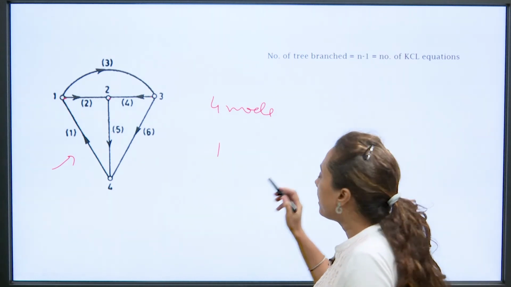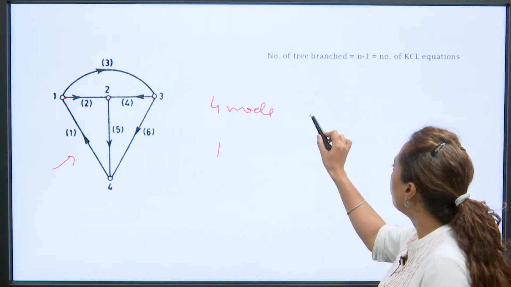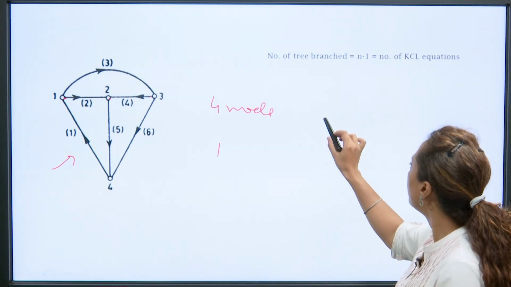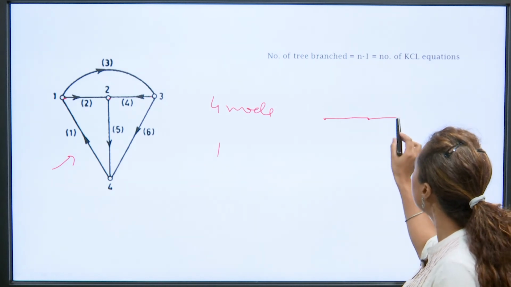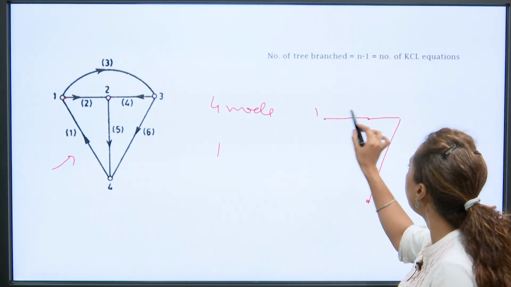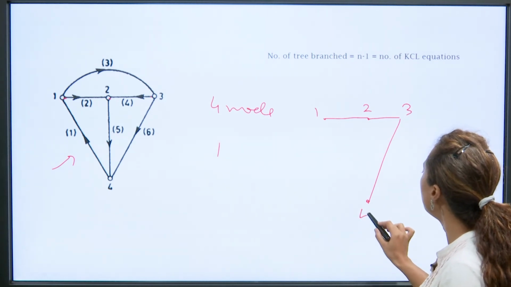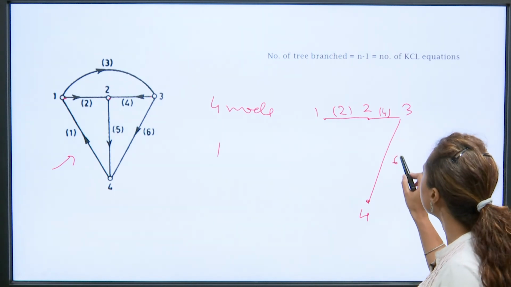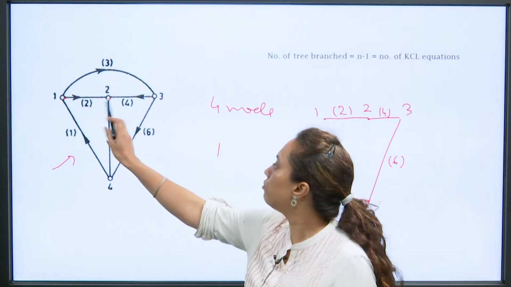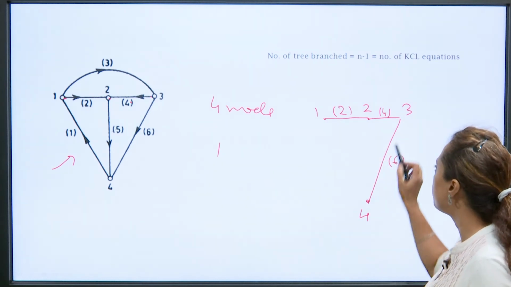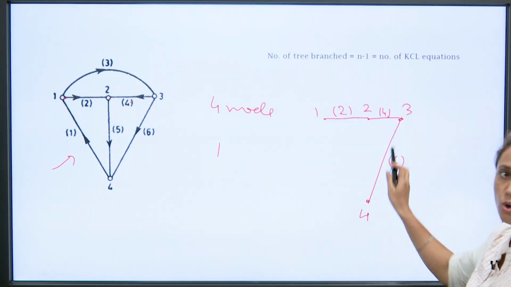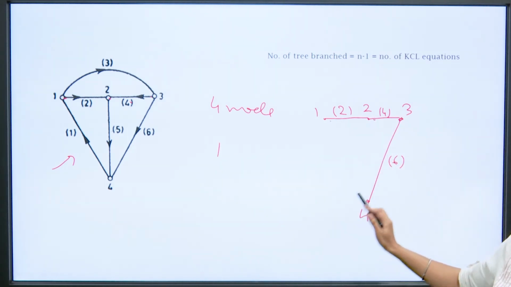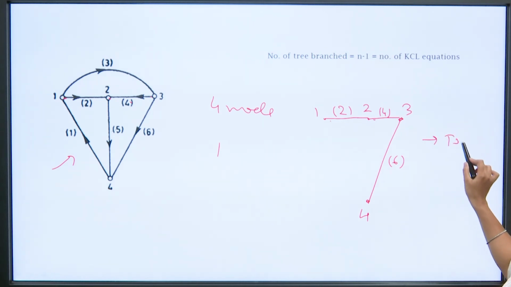If we take the 1, 2, 3 and 4 nodes, and if we take the branches number 2, 4 and 6, right, these branches 2, 4, 6 are connected with all the 4 nodes 1, 2, 3, 4, and it is not closed also, right. So, it is a tree.